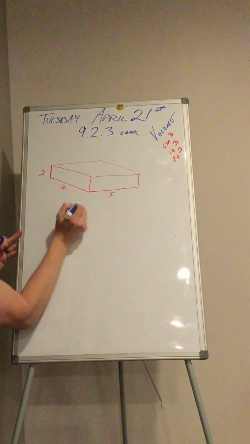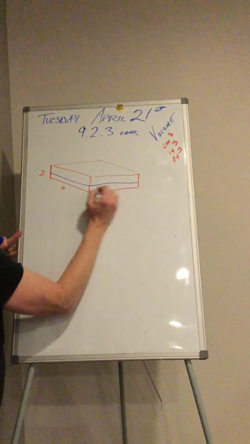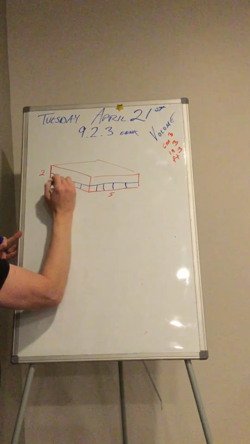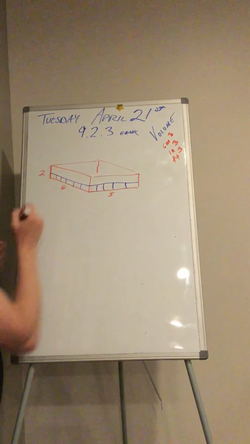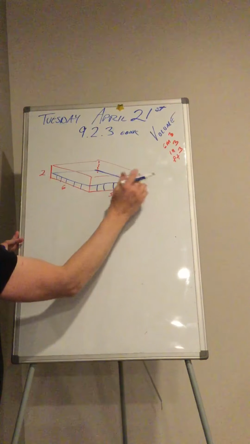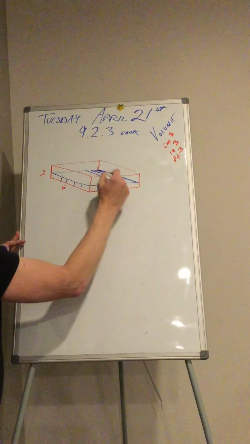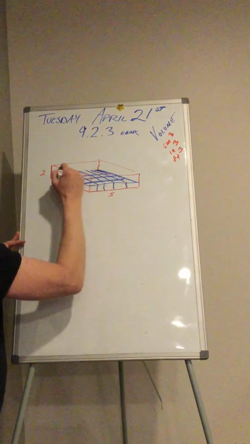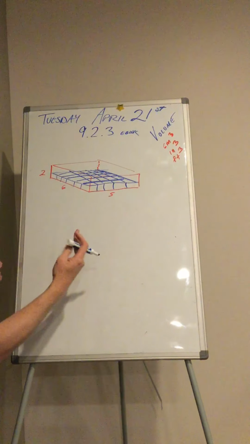So once again, we want to figure out how many unit cubes are in the bottom. And I can quickly draw those for you. So we have 1, 2, 3, 4, 1, 2, 3, 4, 5, 1, 2, 3, 4, 5. So we have 30 of these identical cubes in that bottom layer, because 6 by 5 is 30 of those in the area of the base.